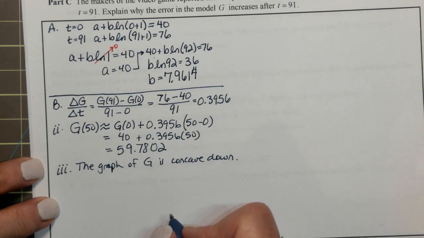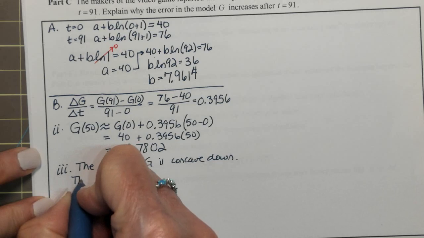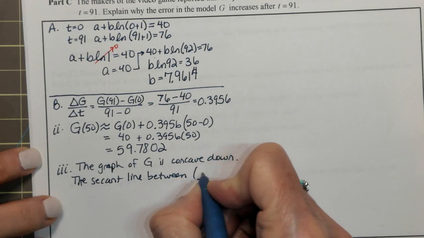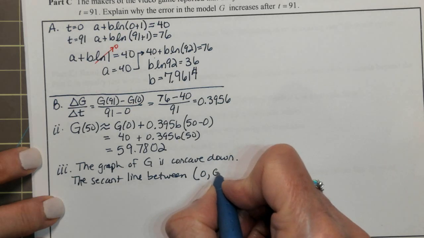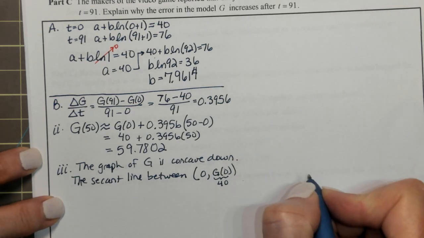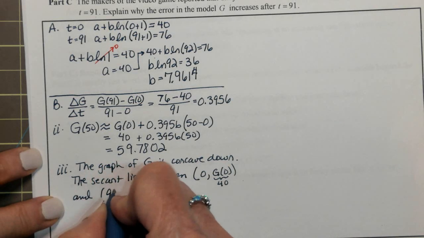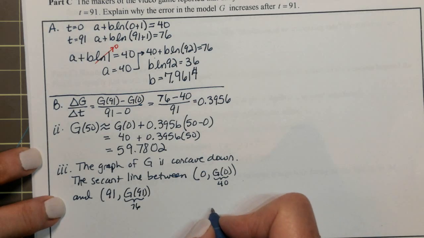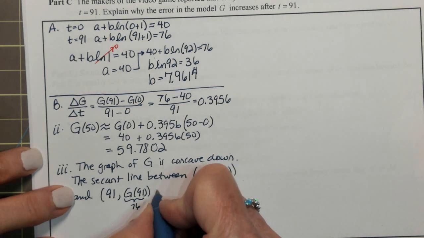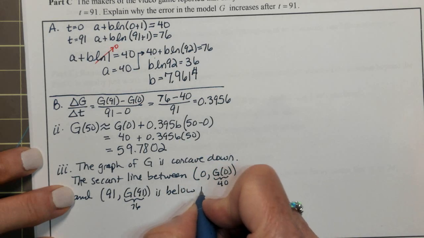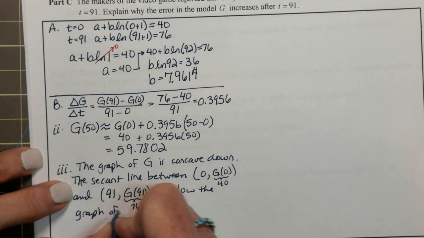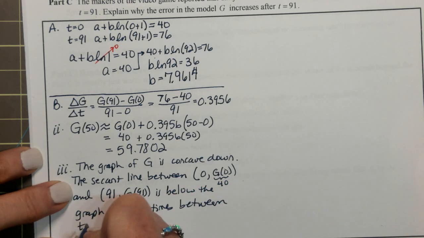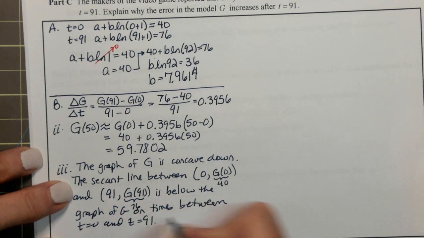The secant line between 0 and 91, and you can either put G of 0 or 40, and G of 91 or 76, that's fine, doesn't matter, is below the graph of G on times between t equals 0 and t equals 91.